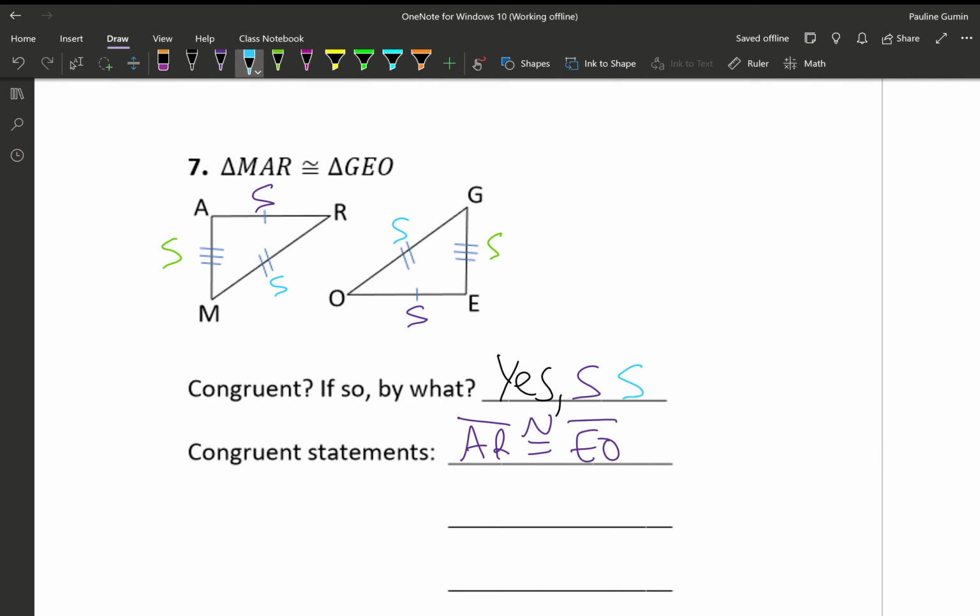The second side, the one with 2 tick marks, is RM, which is congruent to OG. And the last side that we have that's congruent has 3 tick marks. So that would be MA, which is congruent to GE.